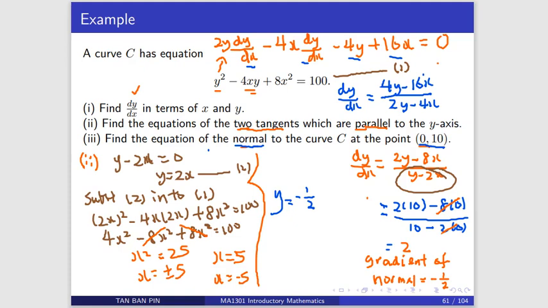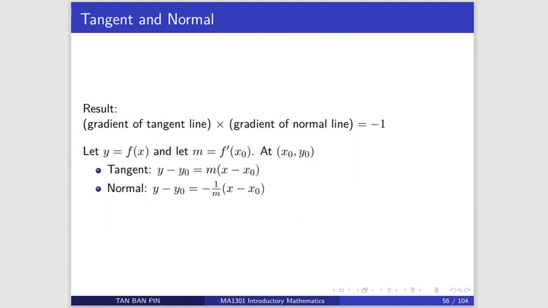You can give it in point-slope form, or you can use the other one as well. So you know the gradient of the normal is minus half, and then you can write down the answer. So let me show you what to do.